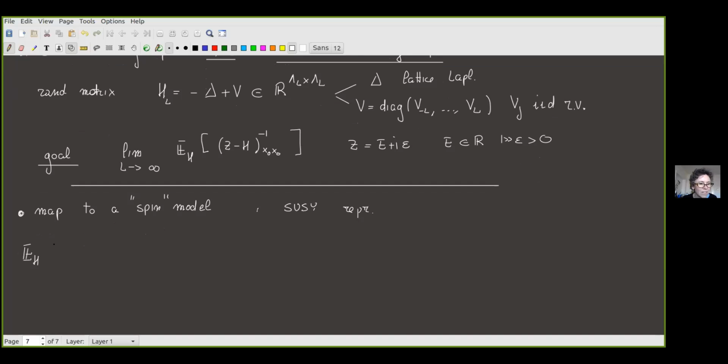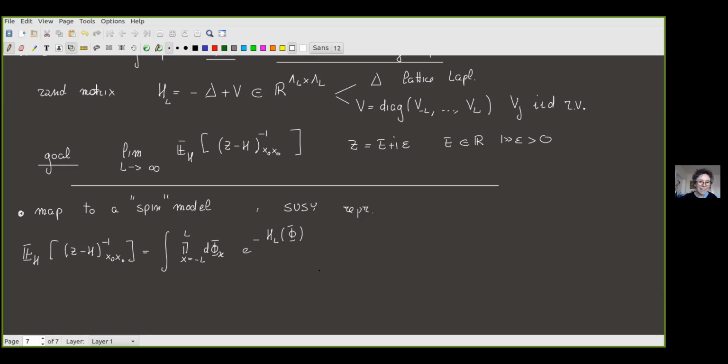So the average of this matrix element between x and 0 can be written as the integral of the product of x between minus L and L, d phi x, e to the minus H. I'm trying to use exactly the same notation we used in the spin model.